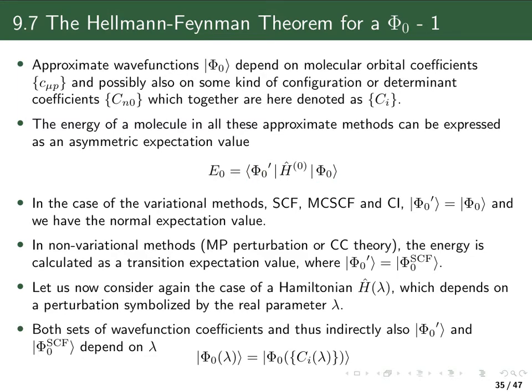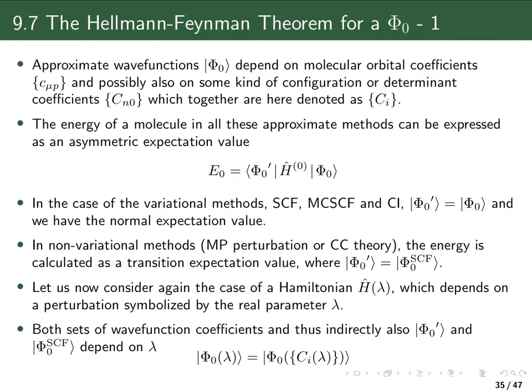In the variational methods, SCF, Hartree-Fock, MCSCF, and CI, this expectation value is symmetric, so the wave function in the bra and the ket are the same, whereas in the non-variational methods, Møller-Plesset perturbation theory and coupled cluster theory, the wave function in the bra is different from the wave function in the ket. In Møller-Plesset perturbation theory, the wave function in the bra is often just the Hartree-Fock determinant, and in coupled cluster it can be the Hartree-Fock determinant or the Hartree-Fock determinant times e to the minus T.